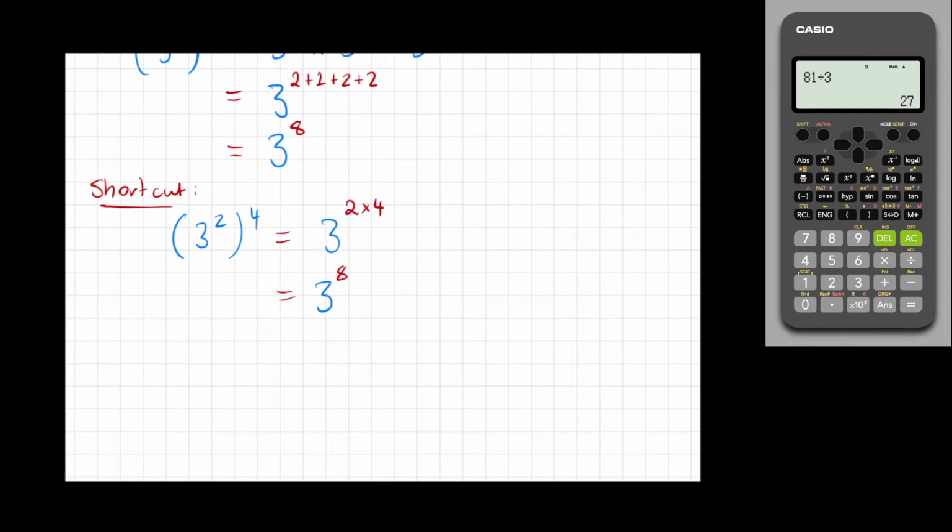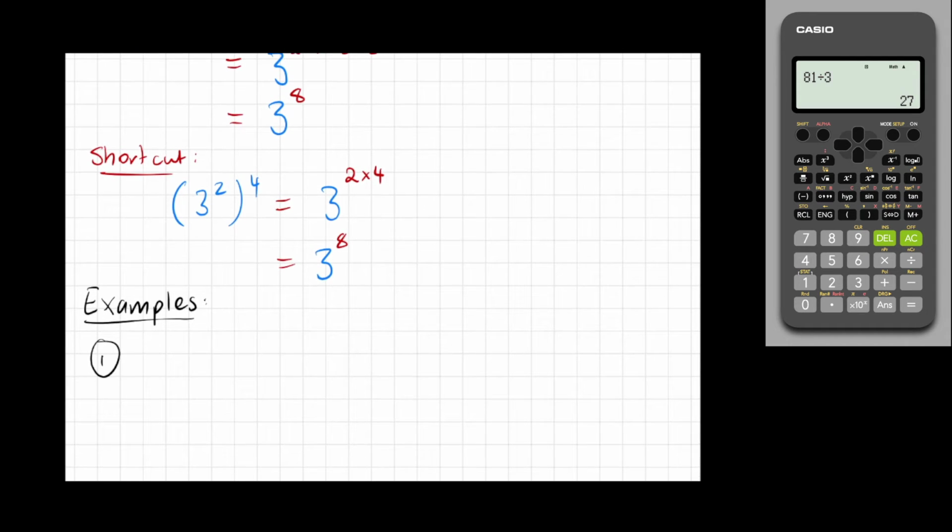So let's see 2 examples of this. First one, x to the power of 5, to the power of 4, or the second one.